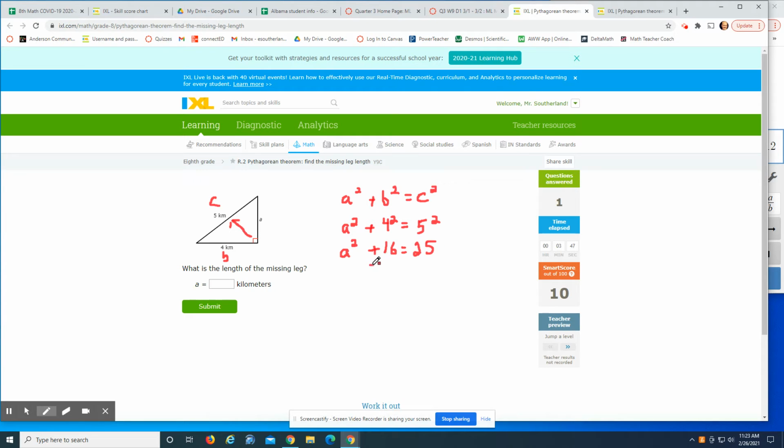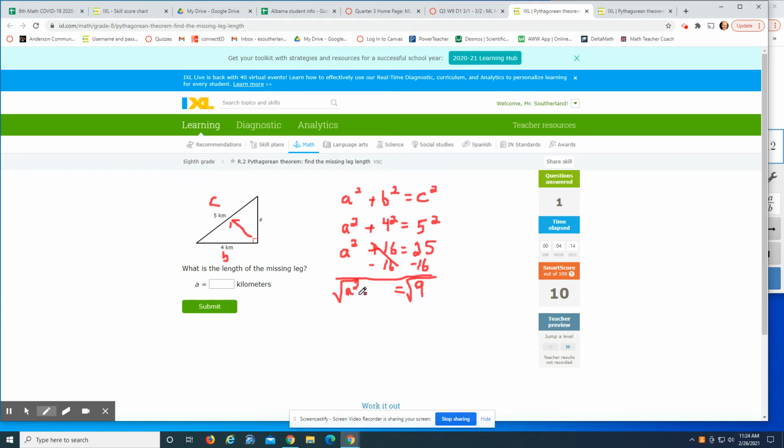Then I'm going to subtract 16 so I can get A by itself. But if I subtract 16 on this side, I have to do it on the other side of the equal sign. A squared drops down. These cancel. Equal sign drops down. 25 minus 16 is 9. Then I want to find the square root.